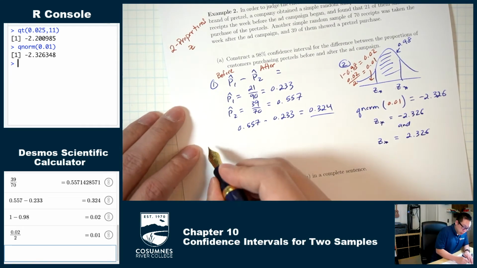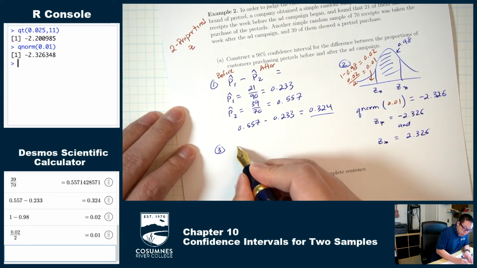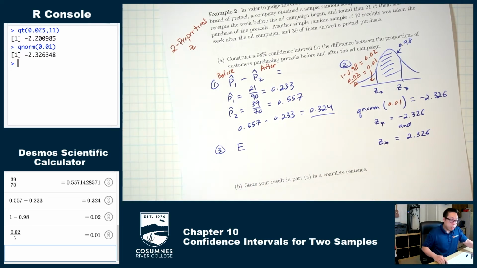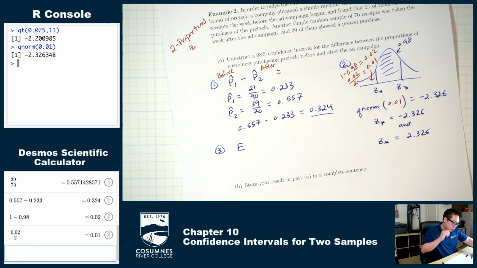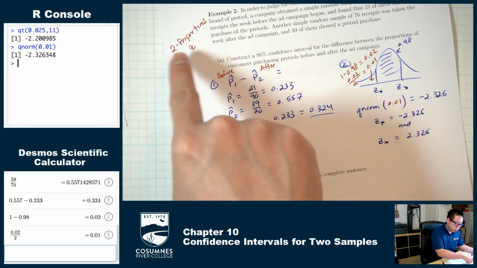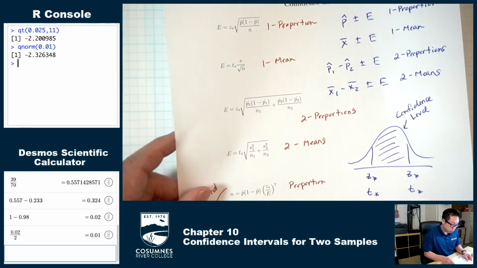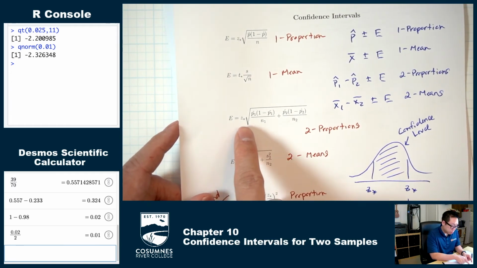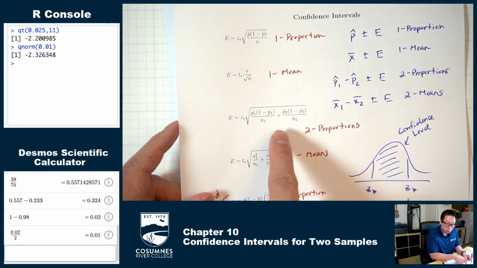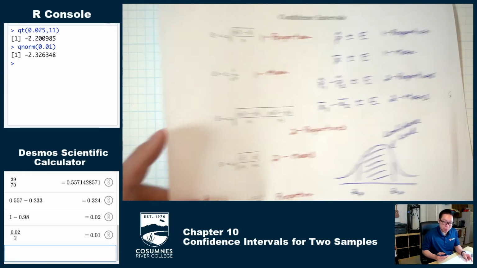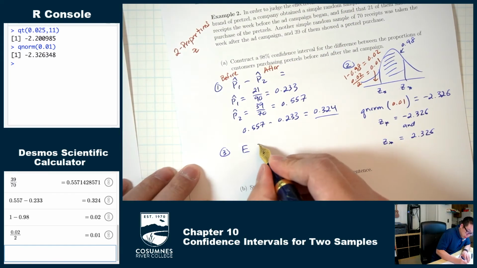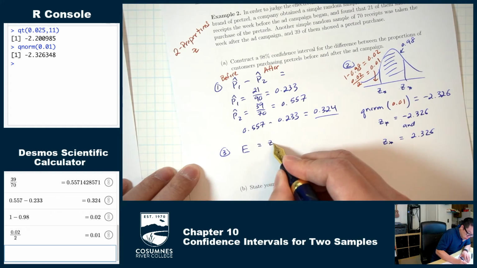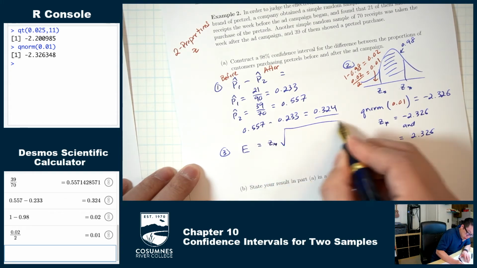All right, step 3 is to actually calculate your margin of error E. Let's look for the correct formula for margin of error here. This is a two proportion situation, so we're using this one: Z star and then a big square root with a whole bunch of stuff inside. Let me copy that down. This is going to be Z star, big square root.